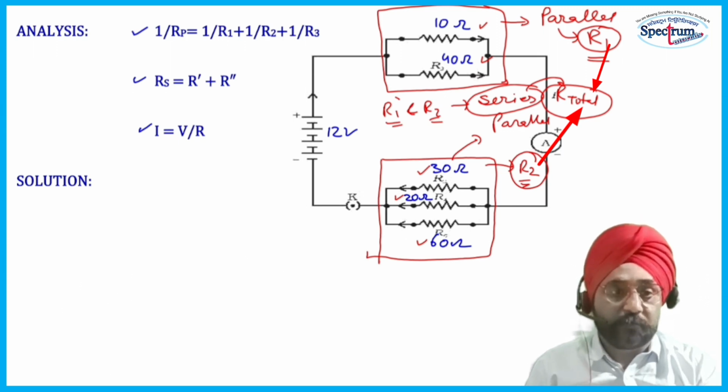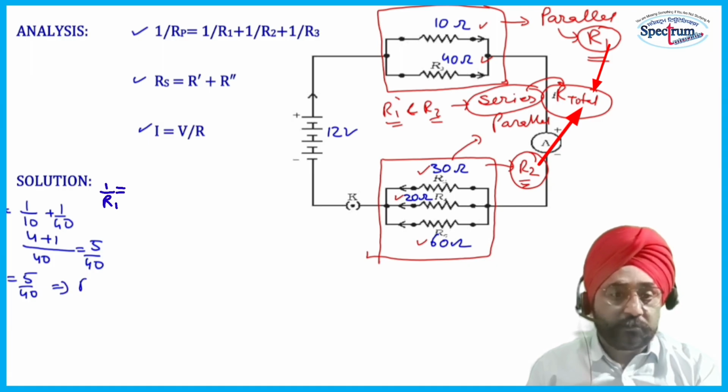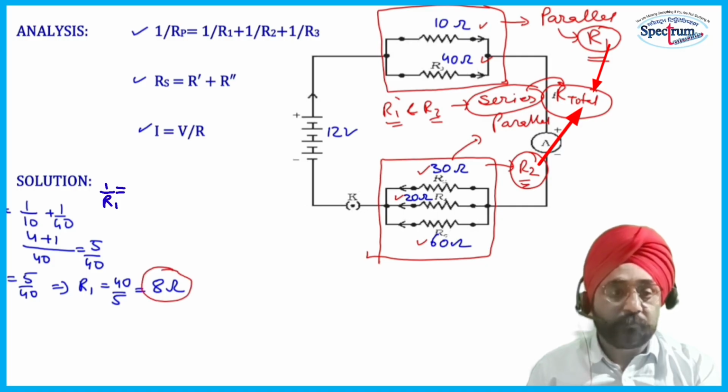First we find R1. 1 over R1 is equal to 1 over 10 plus 1 over 40. LCM is 40. 1 over R1 is equal to 5 over 40, so R1 is 40 over 5, which is equal to 8 ohm. R1 comes out to be 8 ohm.